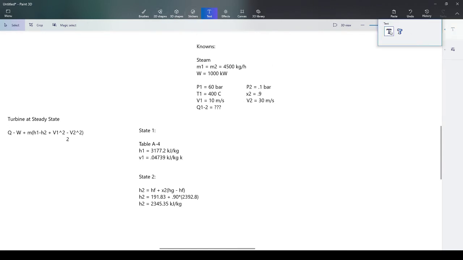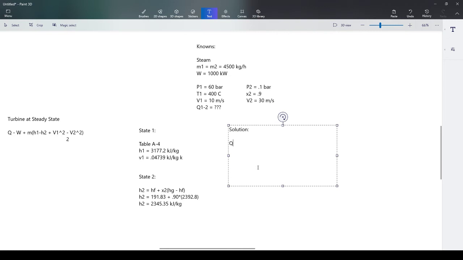So I'm going to start with the text box over here, and this is going to be a solution. So now what we have to do is we have to solve and get Q by itself. So there's a couple ways you can do this. You can move everything to the other side. Like I said, whatever you want to do. I'm going to move everything to the other side.